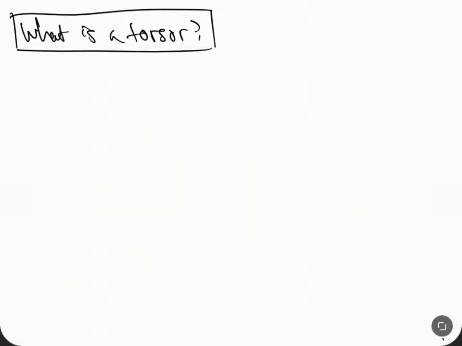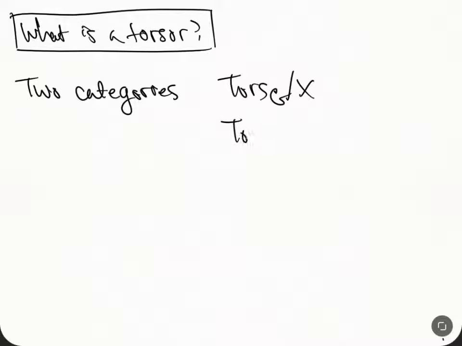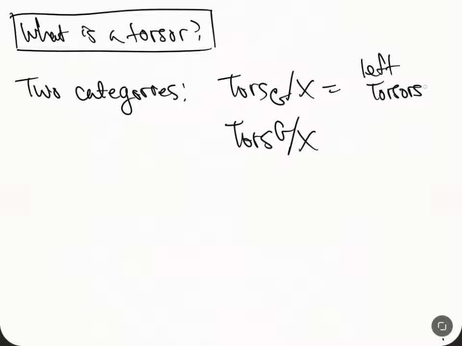I'm going to define two categories: left torsors over X and right torsors over X. In each of these two categories, there are two flavors.